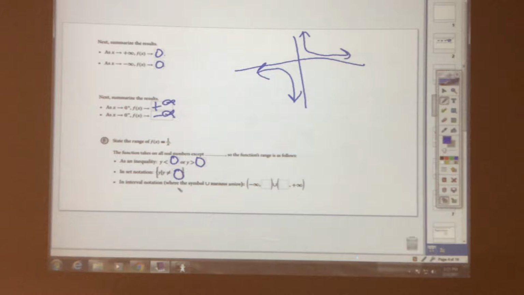In interval notation, where the symbol U means union, from negative infinity up to 0 and from 0 up to positive infinity. Questions thus far?